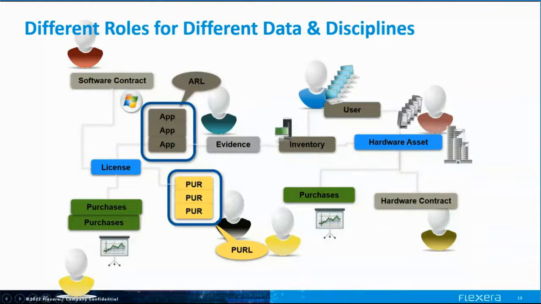A part I'm not spending too much time on is you can manage the hardware asset of the computers that you have, and the hardware asset will be some extension attributes that will allow to manage the link to contracts, the link to purchase. So you can do a good level of hardware asset management, even if tactically, sometimes, it's good to start with managing inventory, purchases, and compliance. And the core value is on the compliance and optimization side.